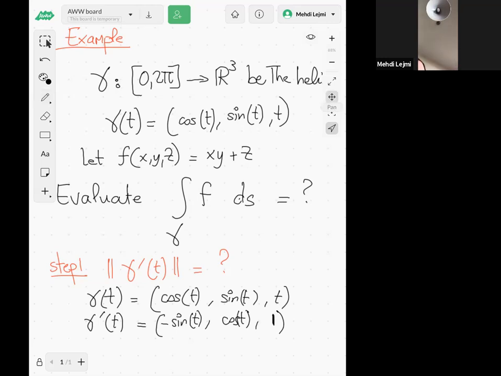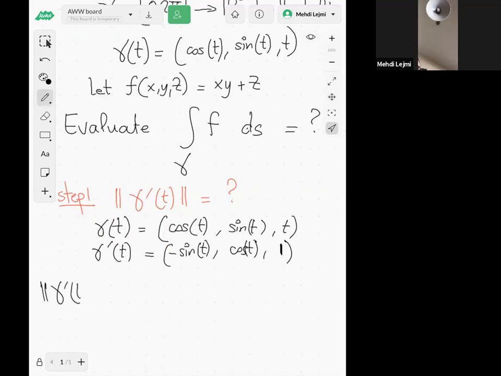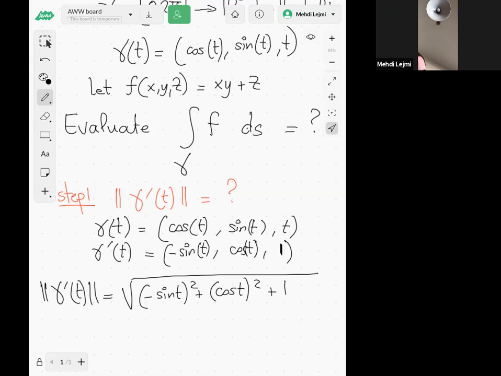Now you're going to take the length of gamma prime of t. The length of gamma prime of t will be the square root of the sum of the squares of the components. So it's minus sine of t squared plus cosine of t squared plus 1 squared.